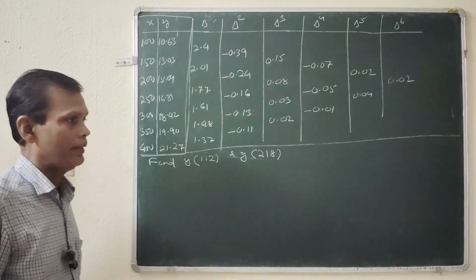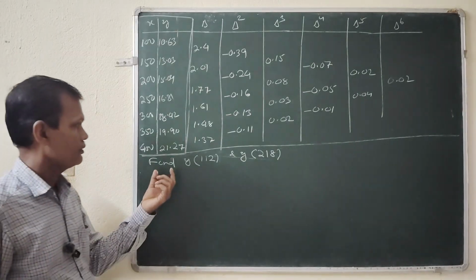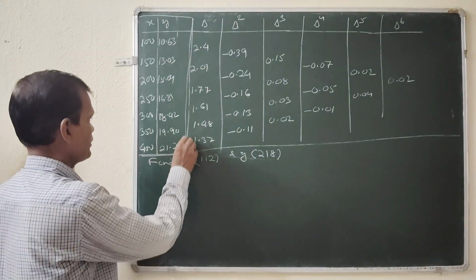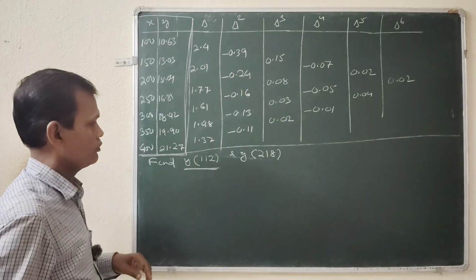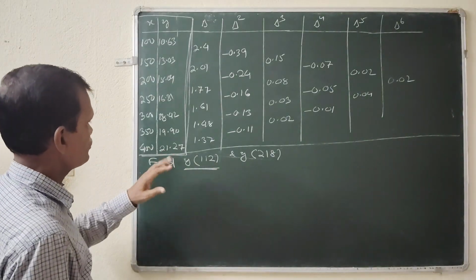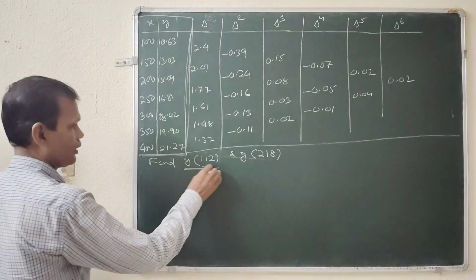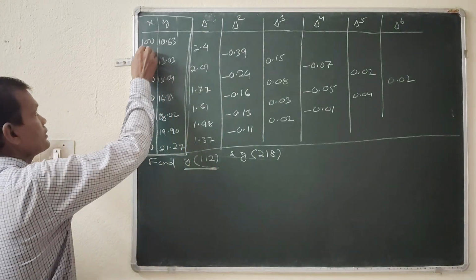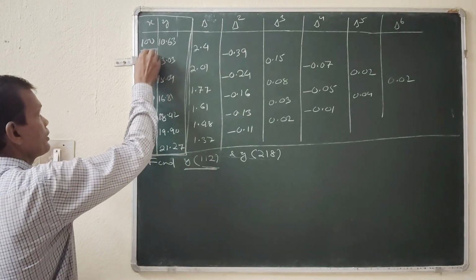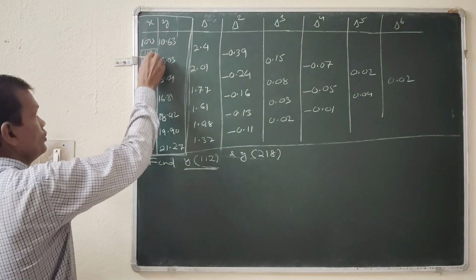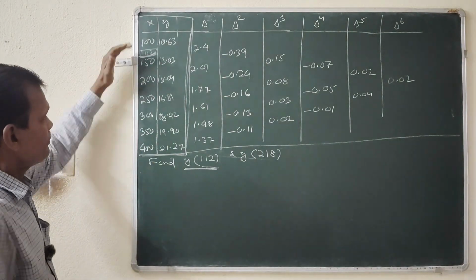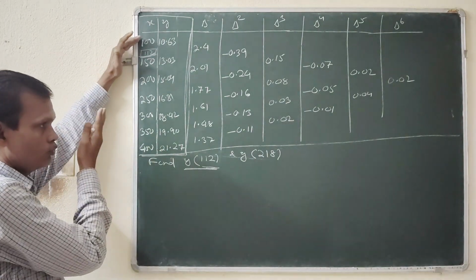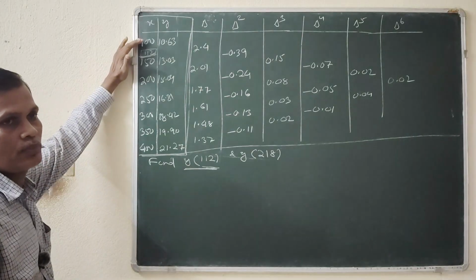Now the problem arises. For this set of data, you have to find y of 112. Y of 112 means you just see where this 112 lies. 112 lies at this point, right? As 112 lies in the upper part of the data, but within the data, we have to use Newton's forward interpolation formula.